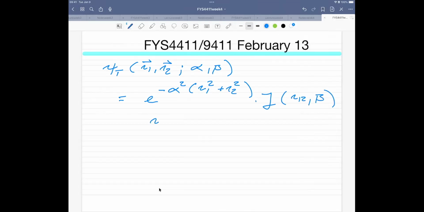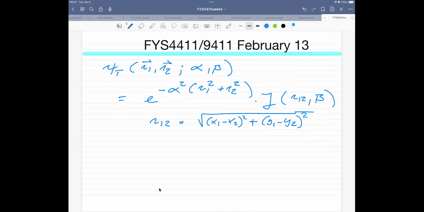This R12 is nothing but the relative distance between the 2 particles. Since we are in a 2-dimensional system, this is simply given by this term here. If you are in 1 dimension, it's x1 minus x2 squared. If you are in 3 dimensions, you would have a z1 and z2 as well. So this is a relative distance.